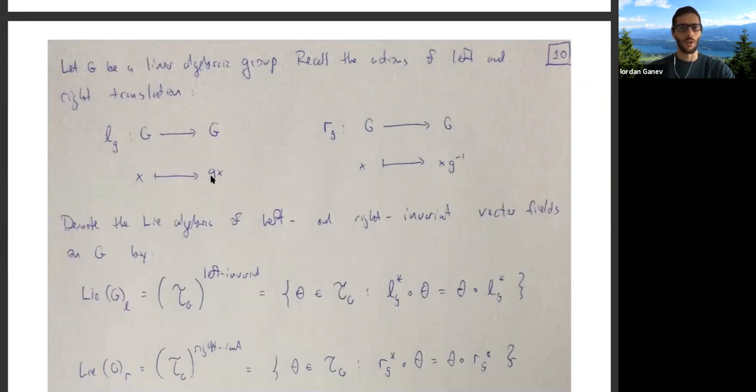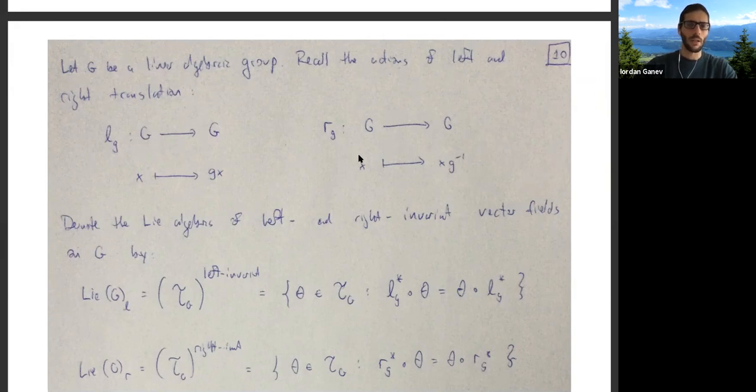Left translation is just left multiplication by G, and right translation is right multiplication by G inverse. Both of these are actions of G on itself.